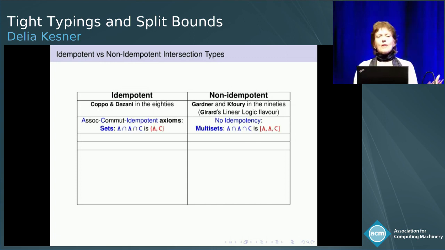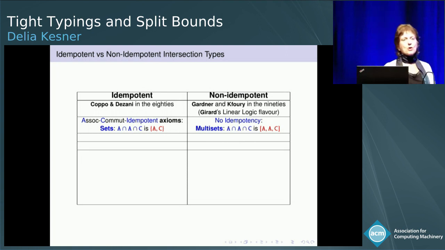So on one side, you have sets, because you have an operator which is associative, commutative, and idempotent. And on the other side, you have multisets, because non-idempotency gives you a structure where the number of occurrences of a type in another type, which is a multiset, is crucial.